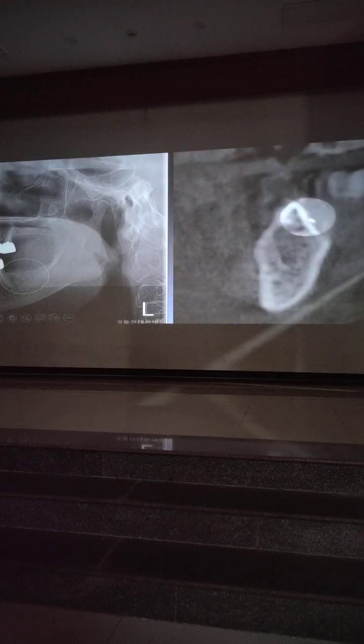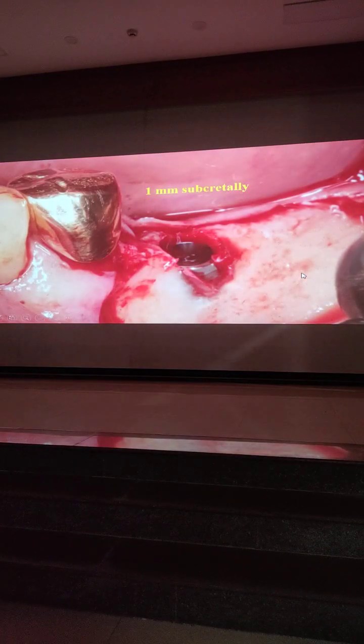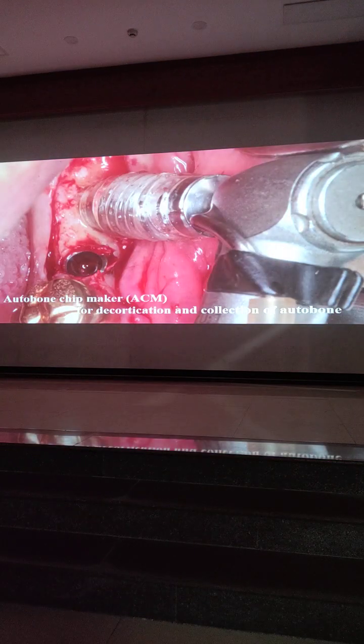Here's another case using Santa 1. This is a very thin bone on the buccal. So the implant was placed 1 millimeter crestal, and Santa 1 was seated on the implant platform.